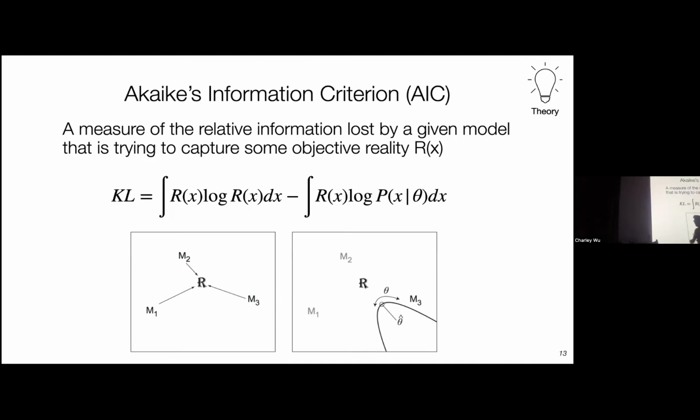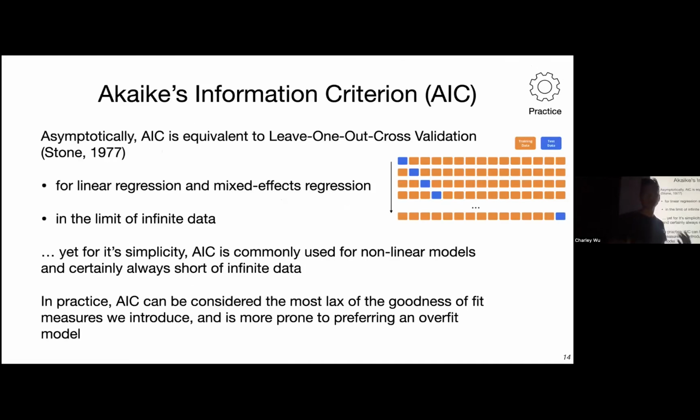And so this is the high-level theory. I don't expect you to fully understand this math here, but more practically, AIC should be thought of as trying to approximate cross-validation. Asymptotically, in the limit of infinite data, and for linear regression and linear mixed effects regression, AIC is equivalent to what's called leave-one-out cross-validation.